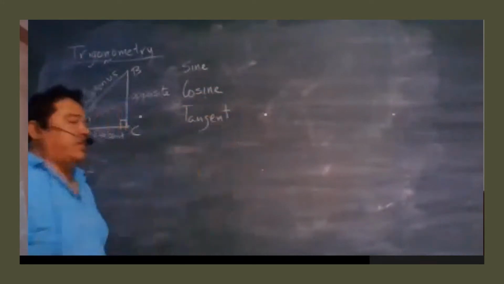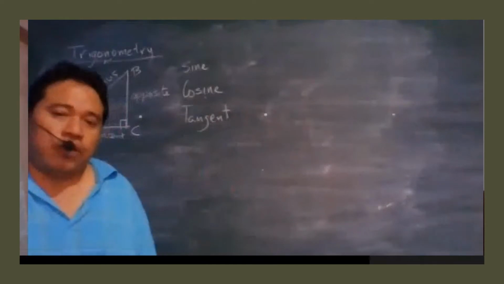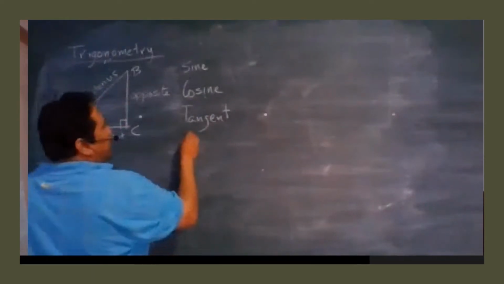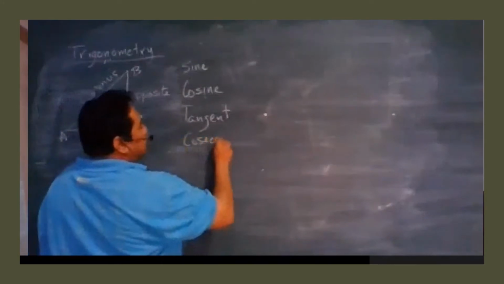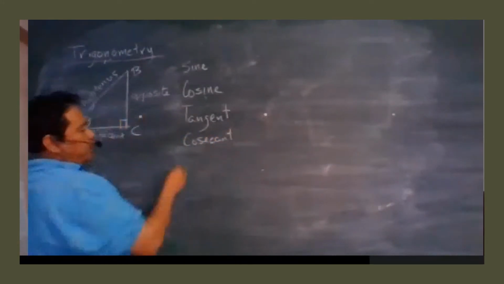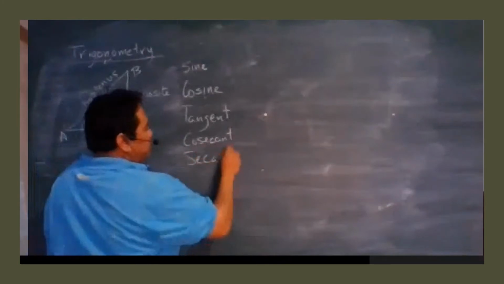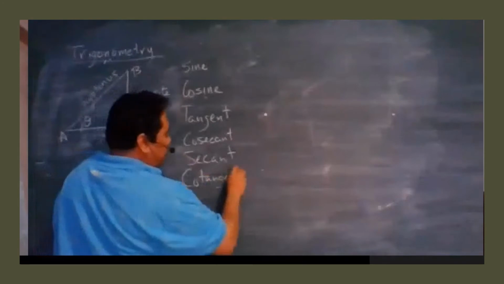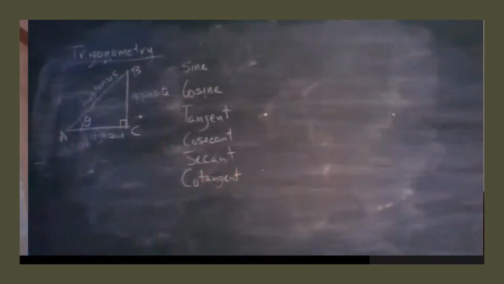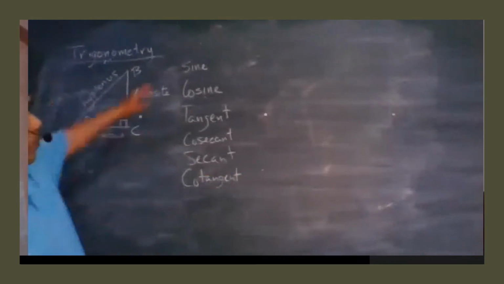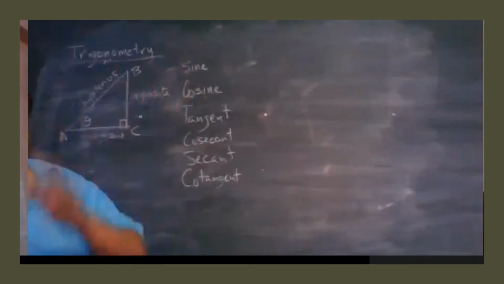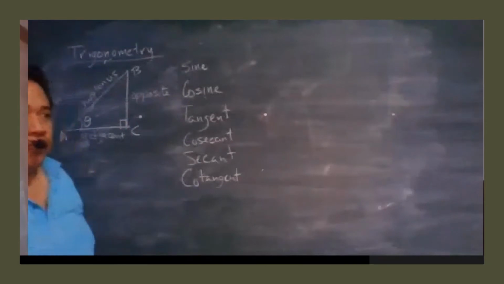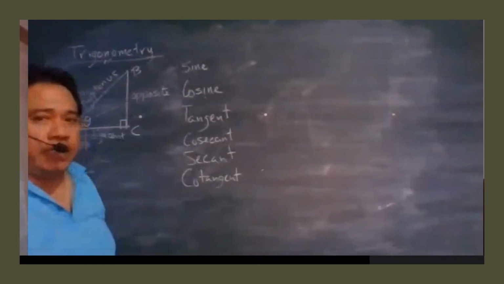These are the three major ratios. Their reciprocal ratios are called the cosecant ratio, the secant ratio, and the cotangent ratio.